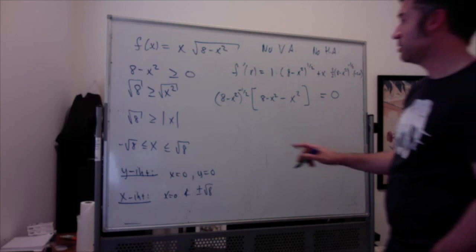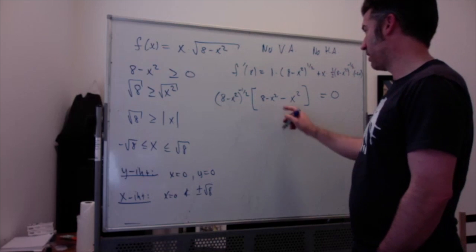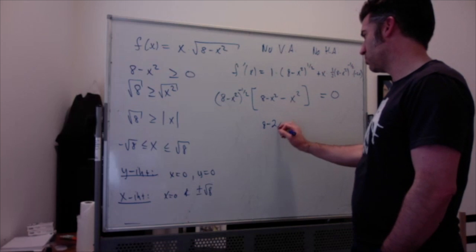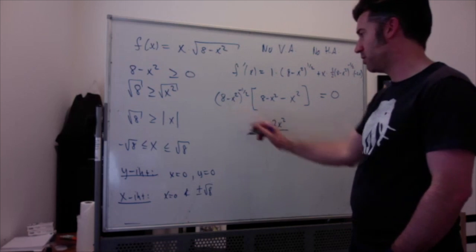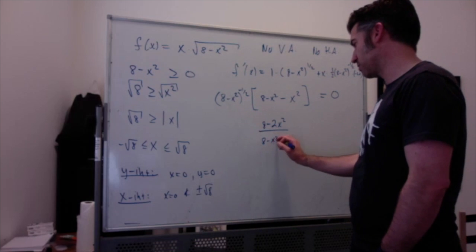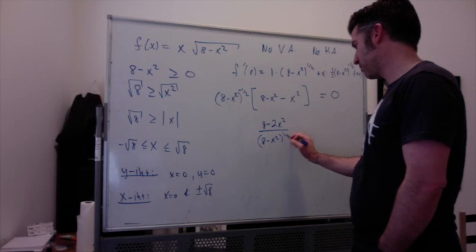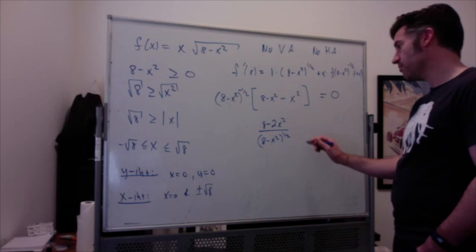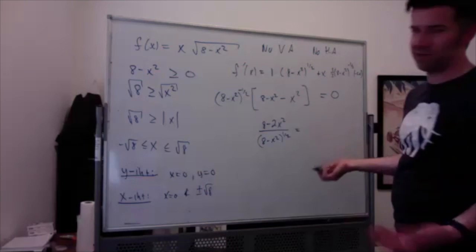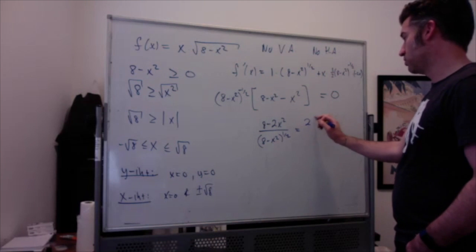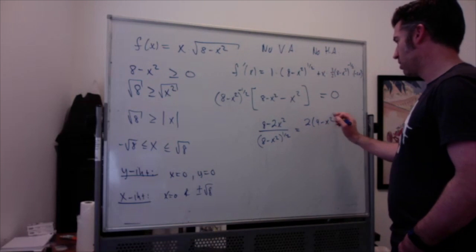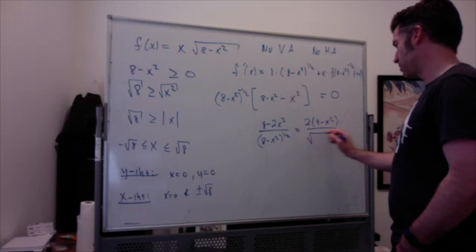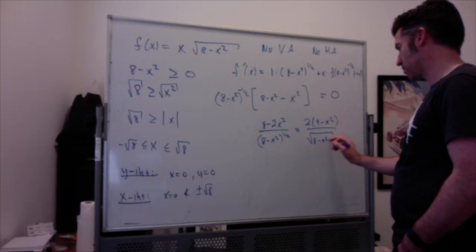Okay, so I end up with 8 minus 2x squared over 8 minus x squared to the 1/2. And I suppose I could factor out a 2. This is 2 times 4 minus x squared over the square root of 8 minus x squared.